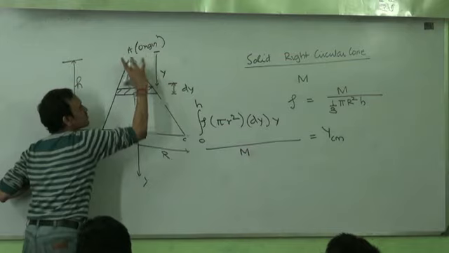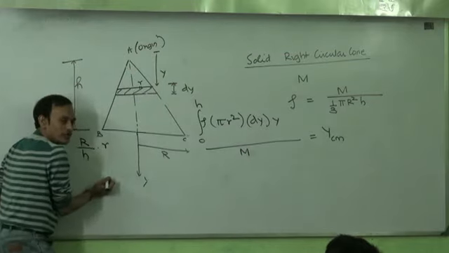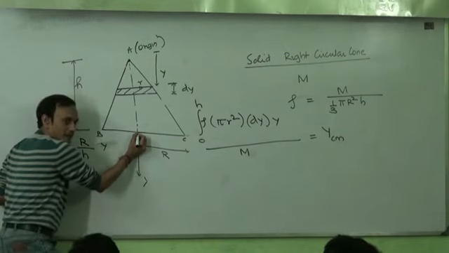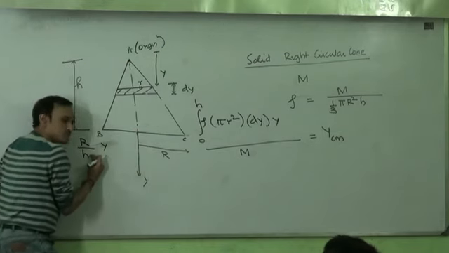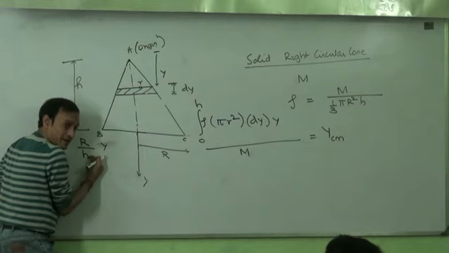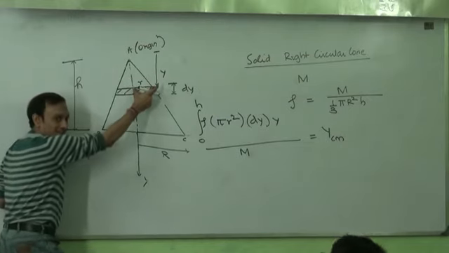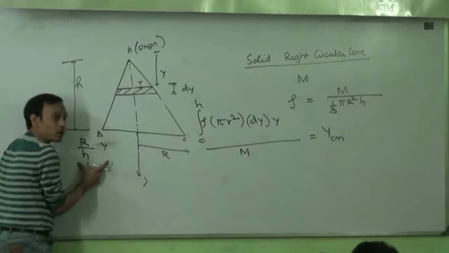From here to here, the radius increases by capital R. So for a distance y, the increase in radius would be small r, which will be this.